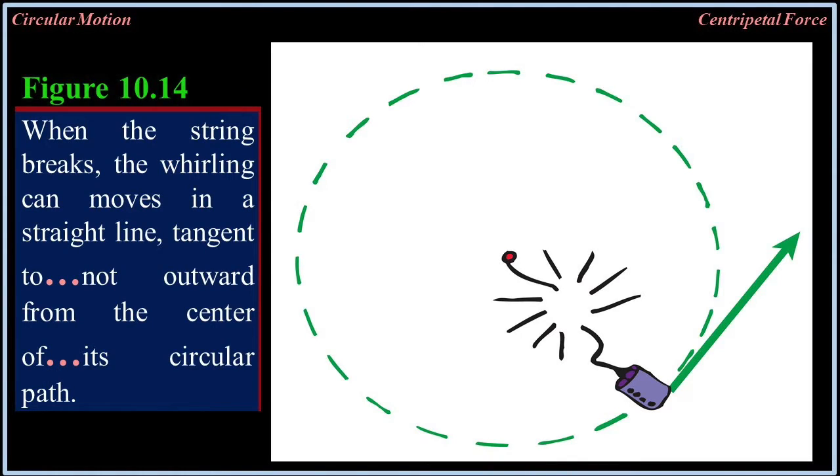In Figure 10.14, when the string breaks, the whirling can moves in a straight line, tangent to, not outward from, the center of its circular path.